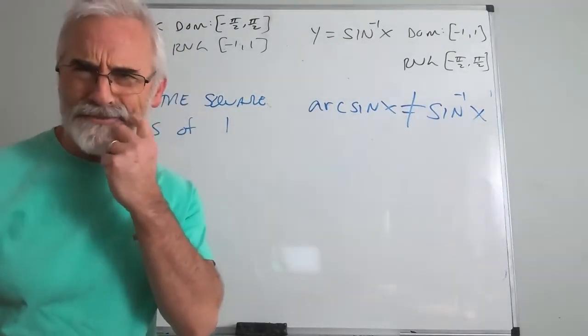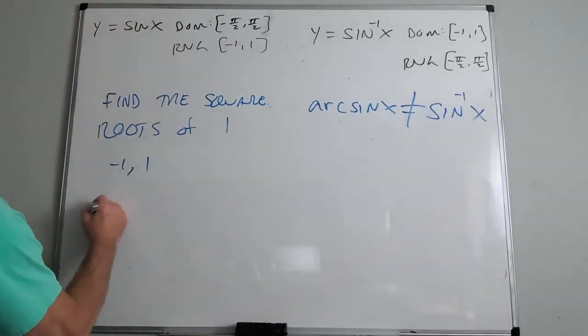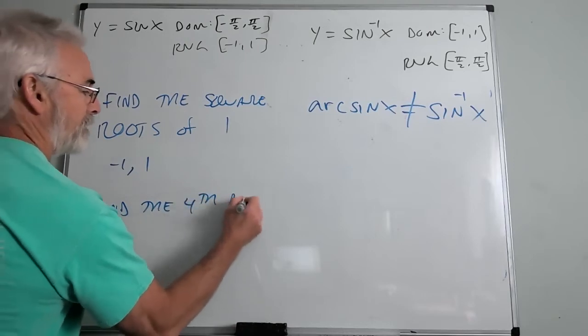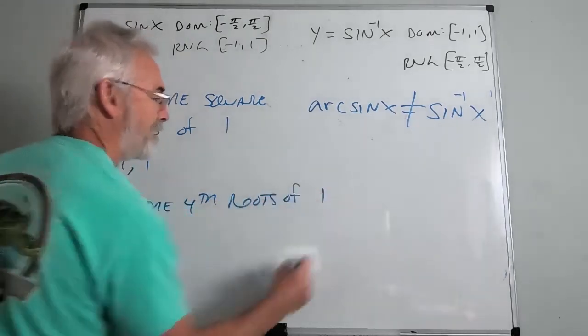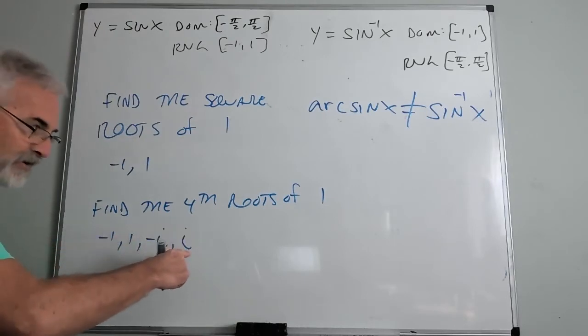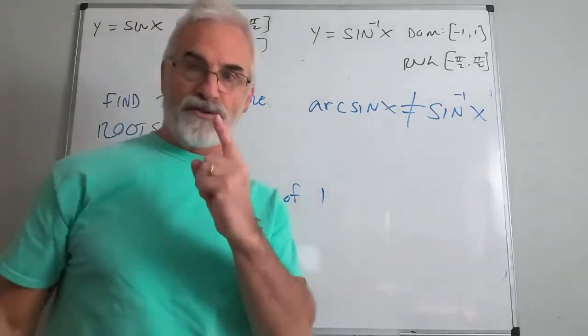What? Okay, that's just weird. If I said find the fourth roots of 1, then your answer would have been -1, 1, -i, or i. Why? Because each of those things, when raised to the 4th power, would produce 1. If I said find the 4th root of 1, you said 1.